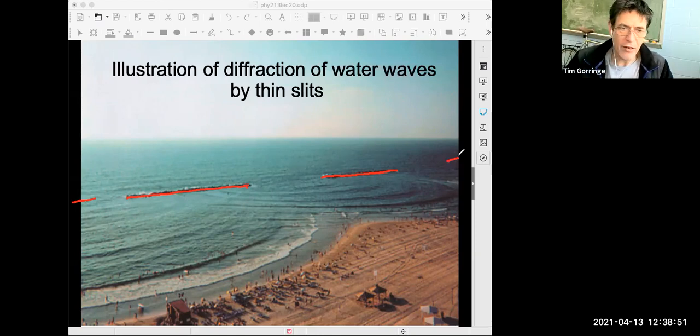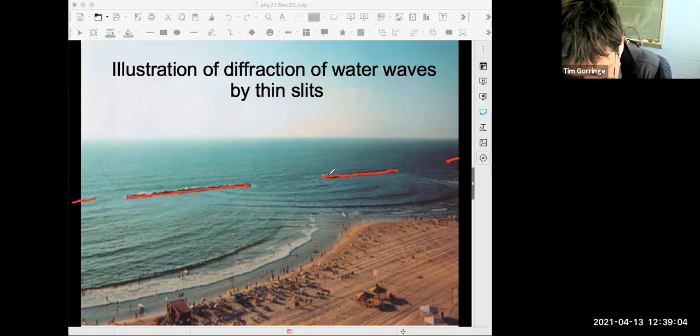So we've got an arrangement of slits, an arrangement of barriers, and ocean waves are approaching these barriers. Each of these slits is a source of circular wavelets of water waves bending around the barrier. You can see the waves emerging from this barrier here as they emerge like so.